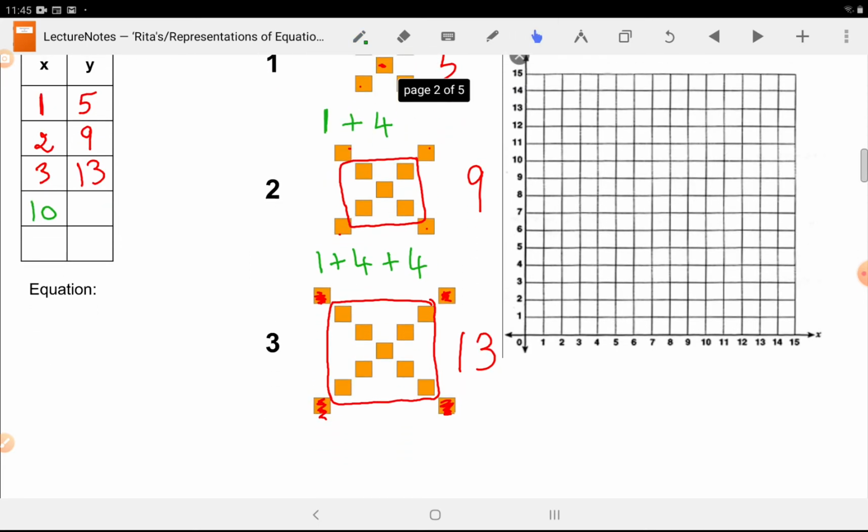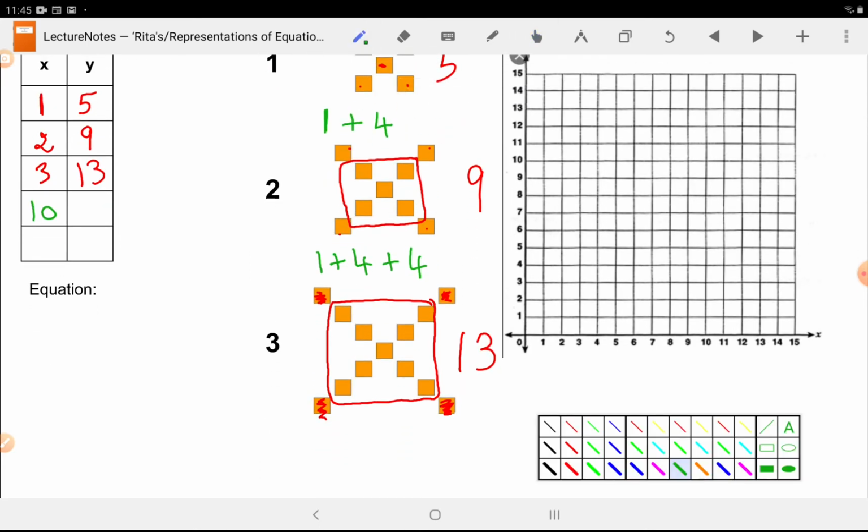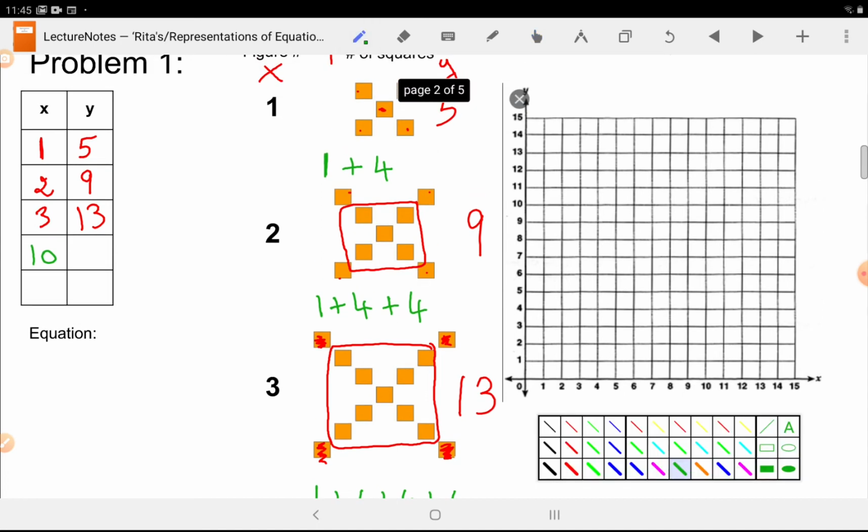Let's look at the next one. Figure number 3 had whatever figure number 2 had, plus add 4 to that. So let's look at this again. Figure number 1 had 1 plus 4. Figure number 2 had 1 plus 2 4s.